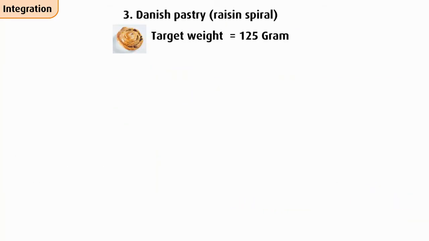Example 3. Production of Danish pastries. In this case, the baking weight for the production of raisin spiral buns is 125 grams. With this type of pastry, the baking loss is cancelled out again by subsequent after-baking glazing and decorating.